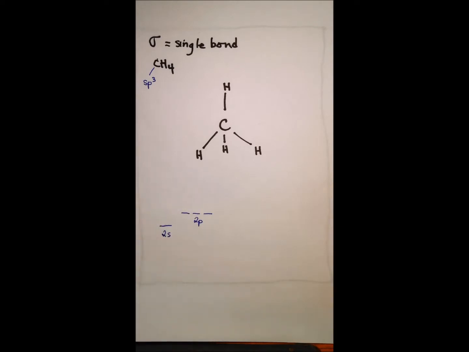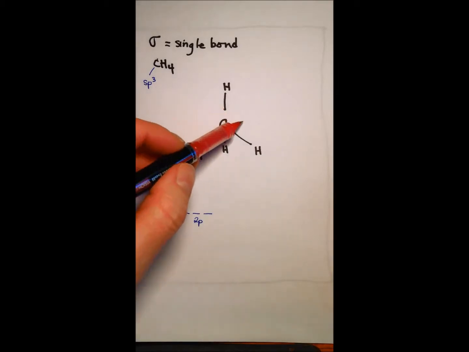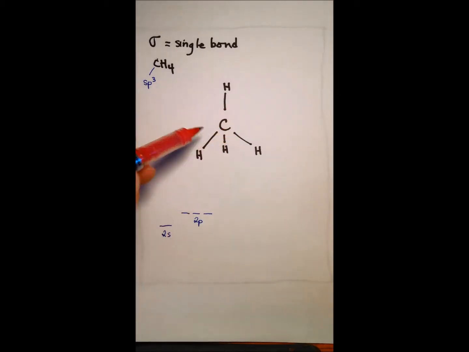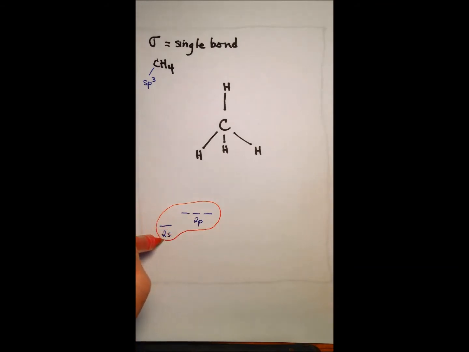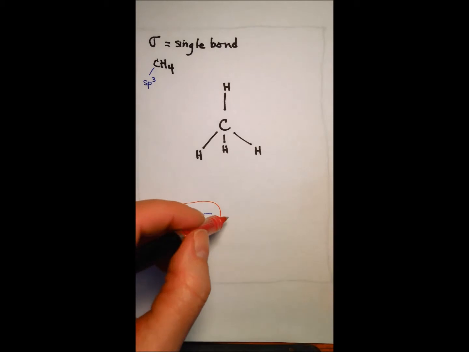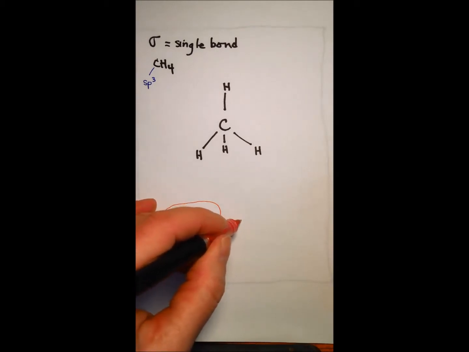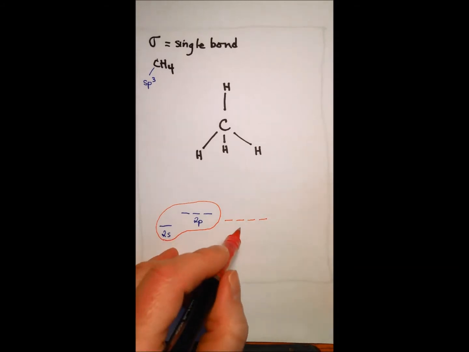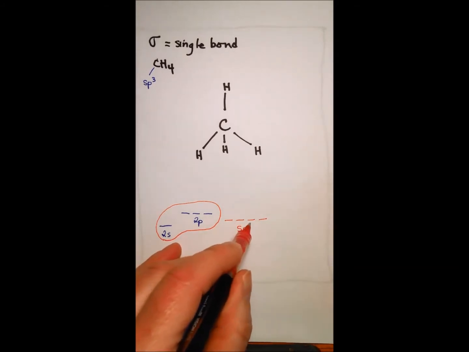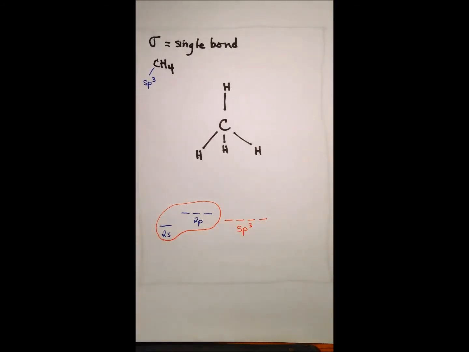When carbon hybridizes to accommodate the 4 hydrogen atoms to which it's bonded, it needs all 4, so it will hybridize all of these. Remember when we did this in class? It's going to take an s and 3 p's, and it will then create 1, 2, 3, 4 hybrid orbitals, each called sp3.